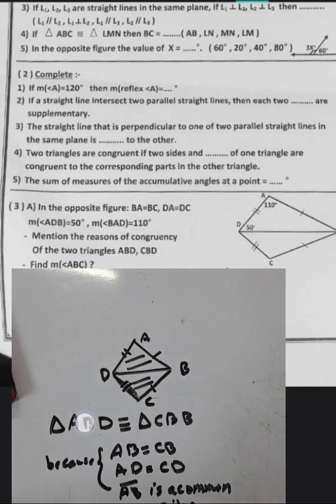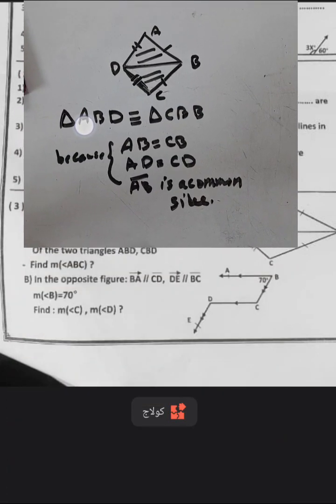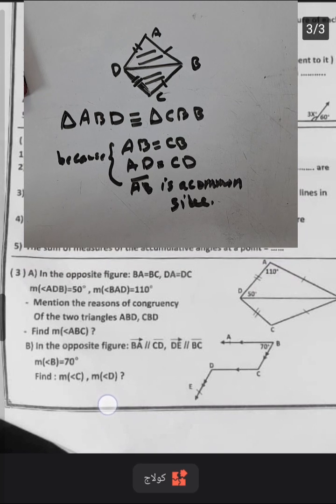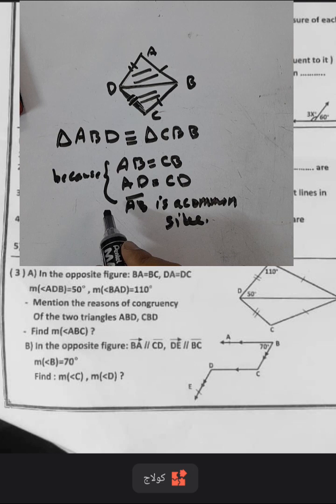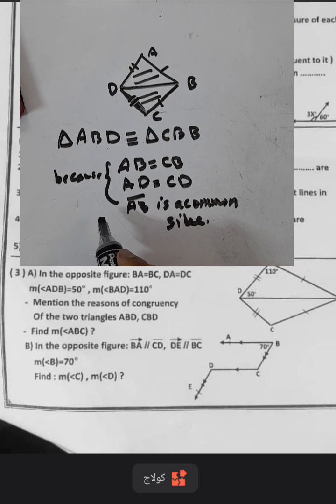Then the two triangles here will be congruent.